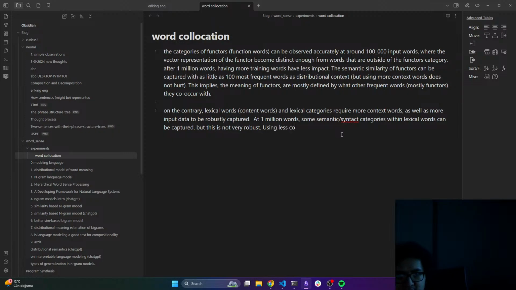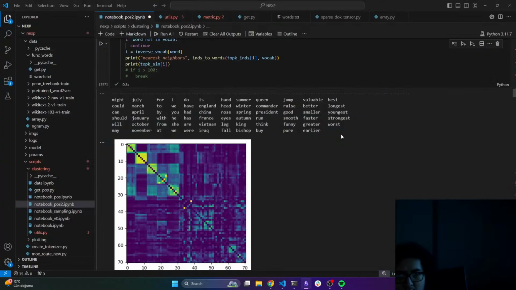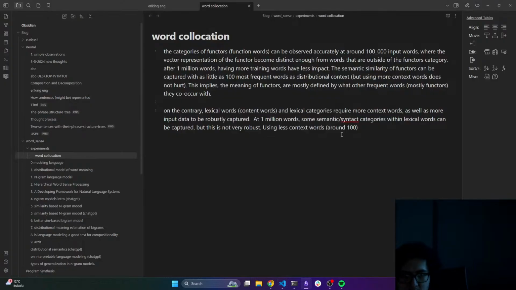Using fewer context words, around 100, part of speech categories, namely nouns and adjectives especially, right?